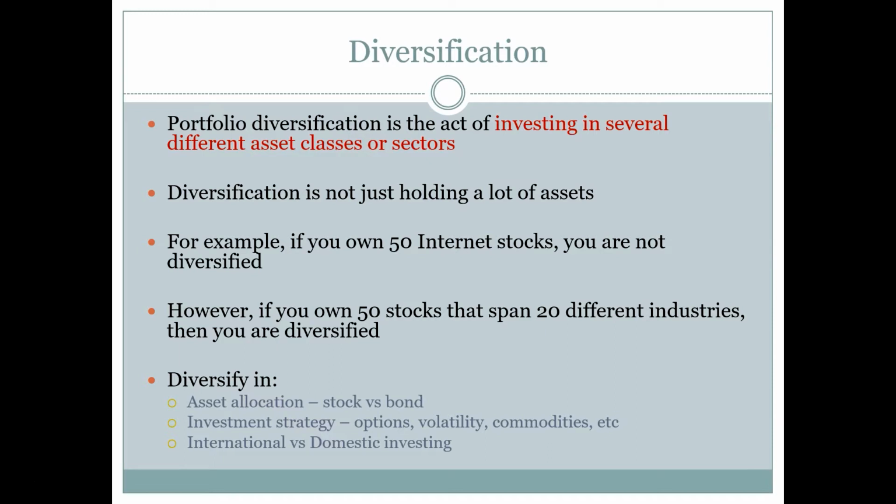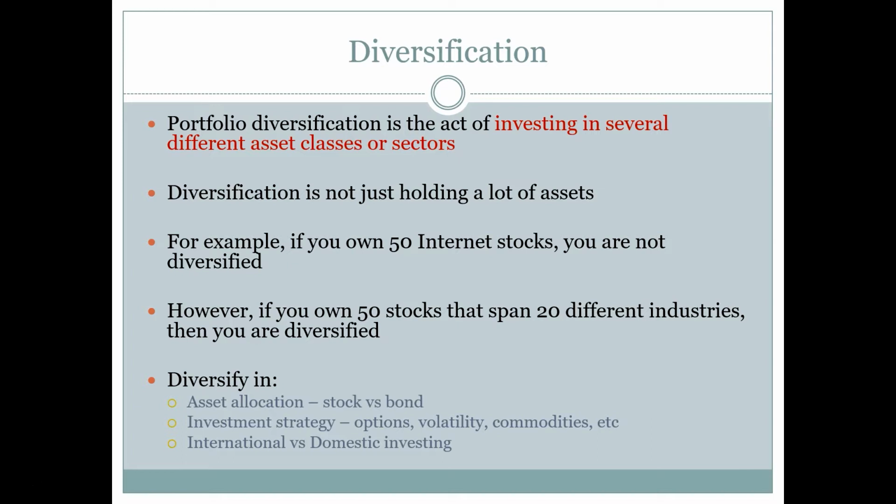But I can diversify even more significantly than that by buying bonds and stocks, or bonds and stocks and preferred shares, or options and volatility contracts and collateralized debt obligations and commodity futures and all kinds of other investment options and assets that we haven't talked about in this class, and you won't talk about unless you go take the investments course and learn more about different kinds of investments. But the point is, I should be trying to diversify across all kinds of different assets, and again, across all kinds of different investment strategies.